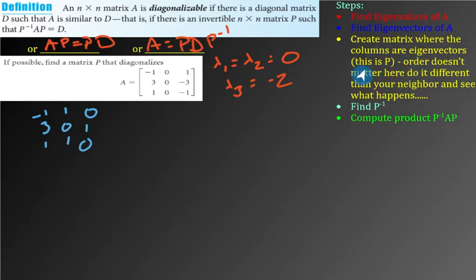Then I have this step where I'm going to create a matrix where the columns are eigenvectors. This is going to be P, and the order doesn't matter here. I'll talk about this in a second.